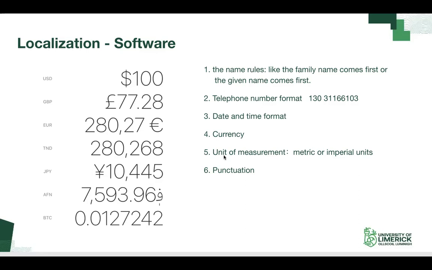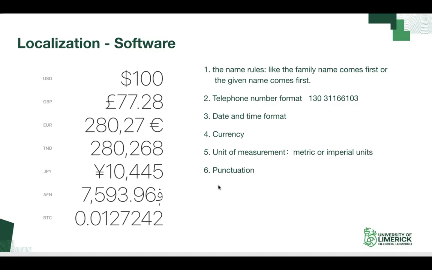The next one is the unit of measurement, which needs to change to suit the locale. Maybe in Google Maps or some navigation application, in China and Germany we use kilometers per hour, and maybe in the UK they use miles as the unit of measurement.